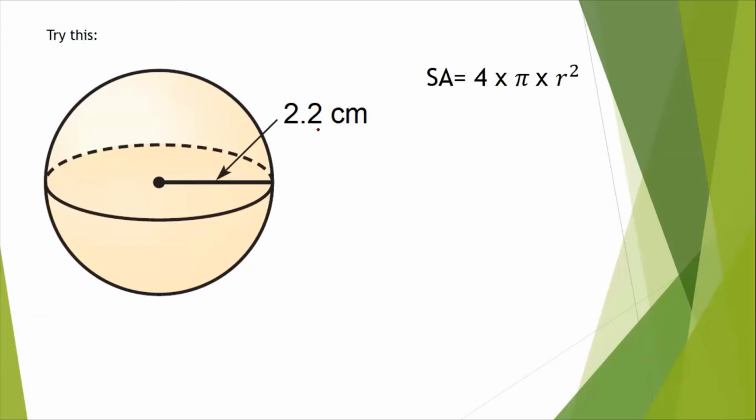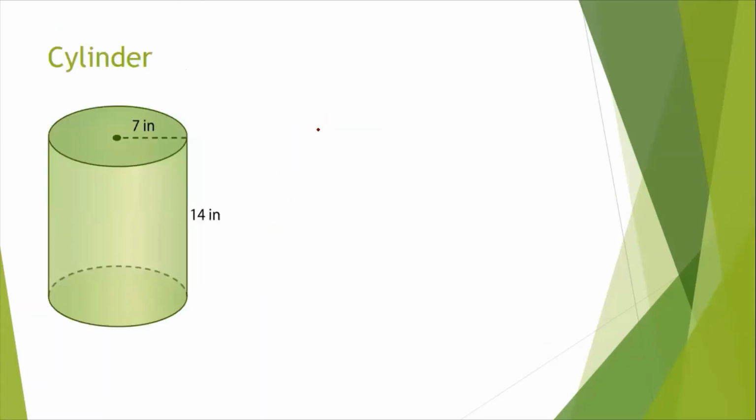Okay, so let's continue. This time we're going to find the surface area of a cylinder. One example of a cylinder in real life is a can.